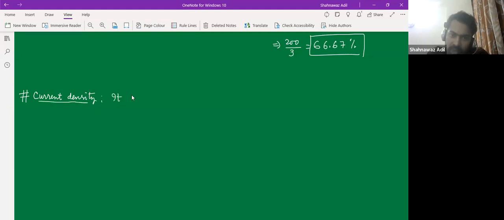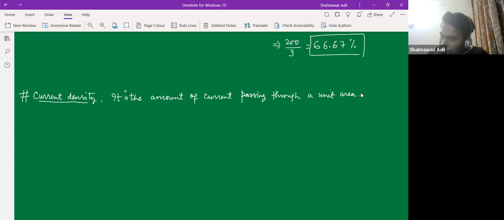It is the amount of current passing through a unit area, right? This is represented by J, and it is a vector quantity.